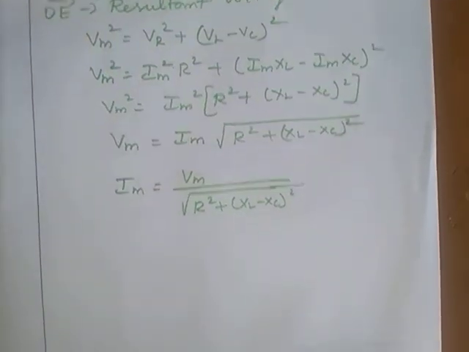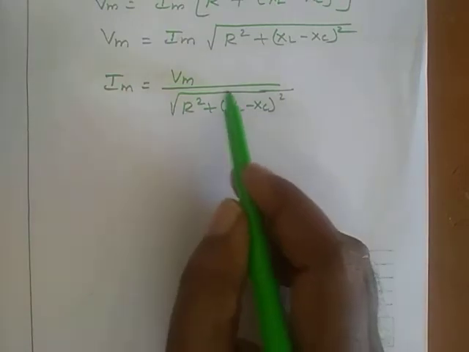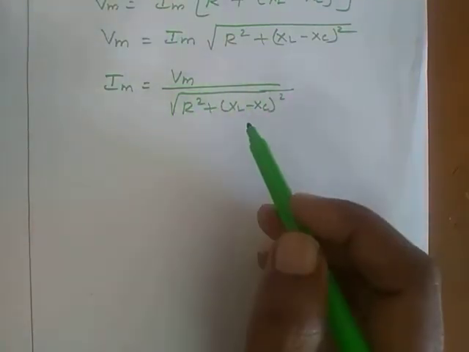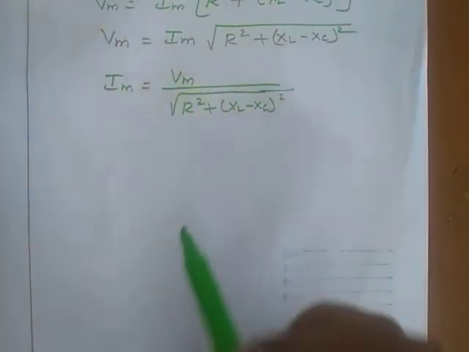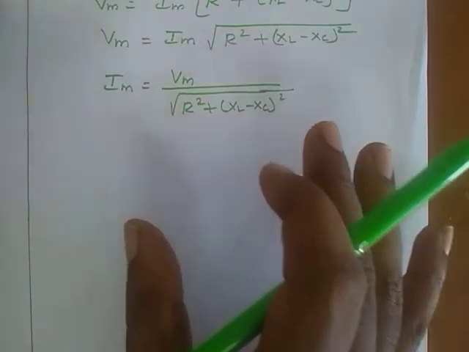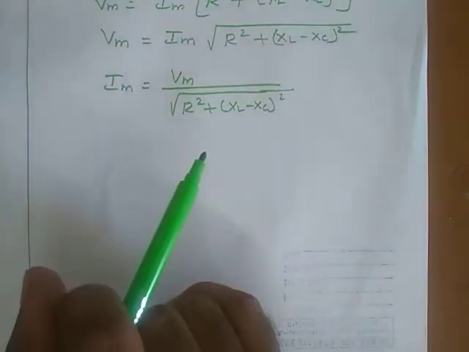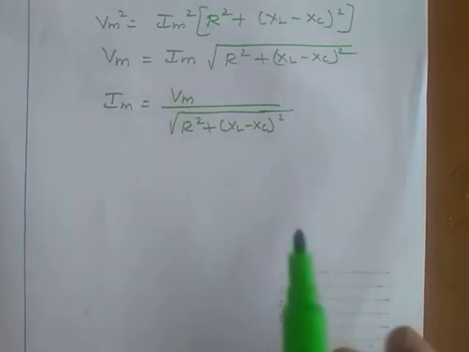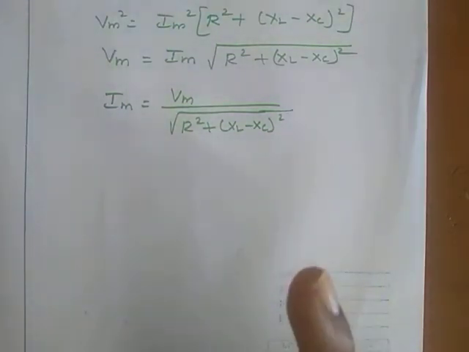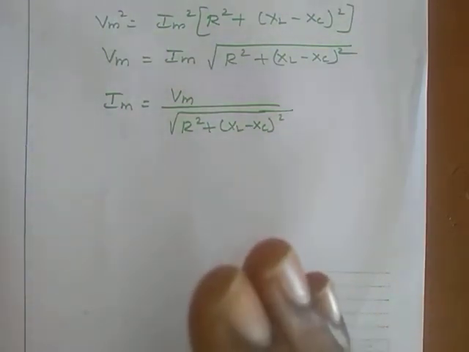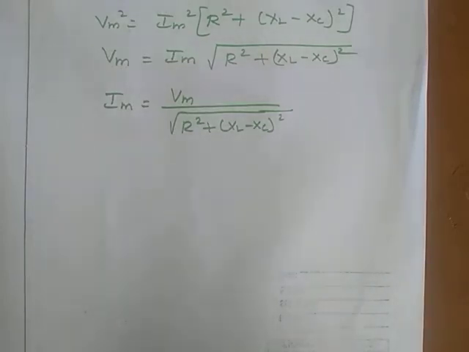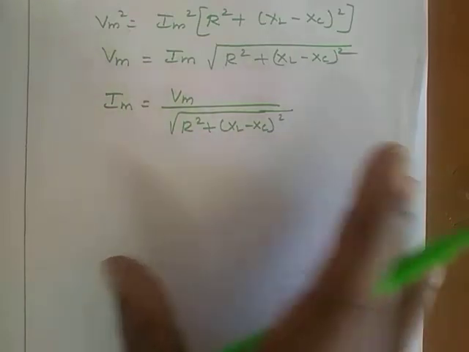Here this is nothing but the impedance. We know impedance is the net opposition offered by the circuit to the flow of current. The circuit containing resistor, inductor and capacitor offers a total resistance called impedance.